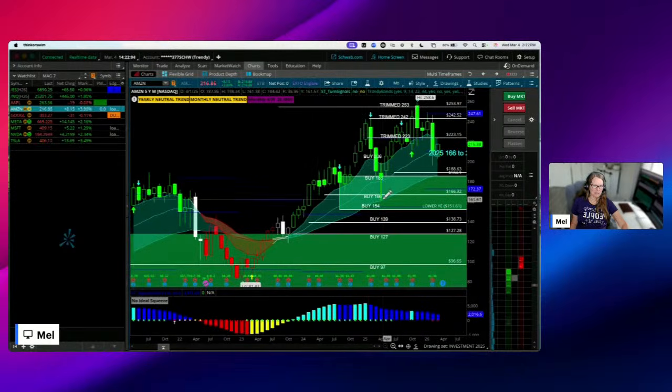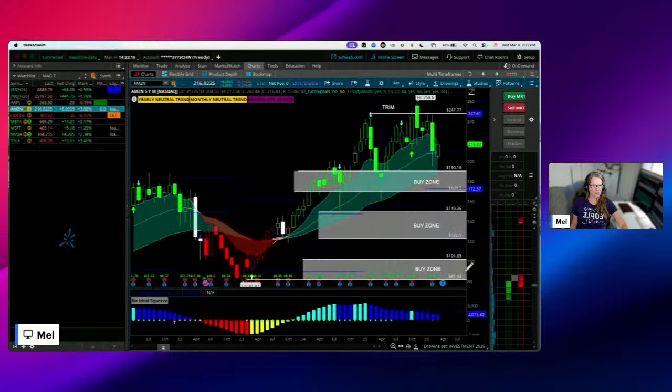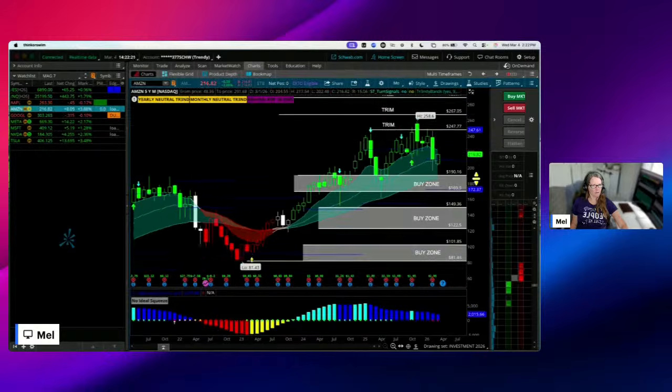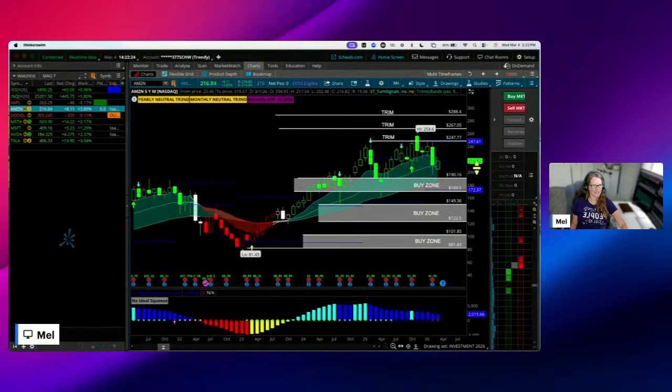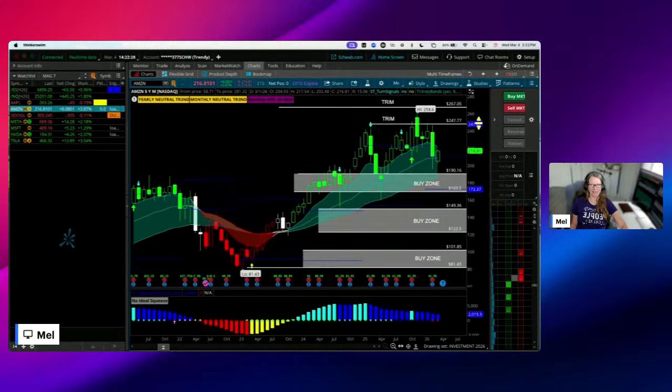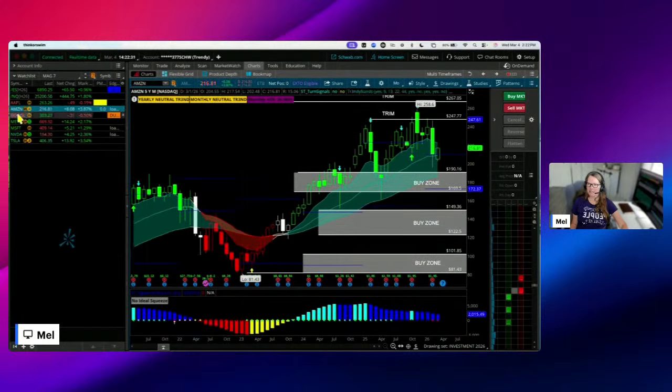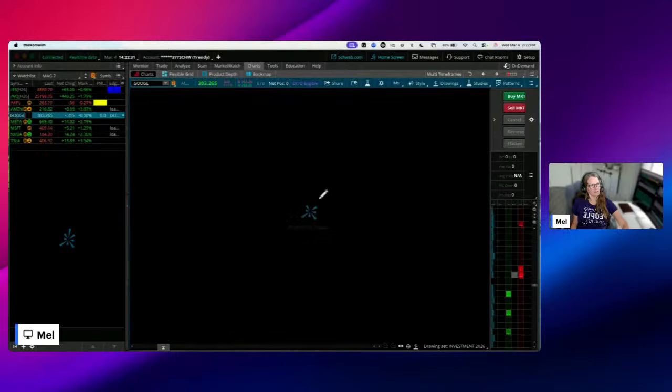And look, I was buying the dip at 166 on Amazon, and my last trim last year was at 253. So it does happen, but the important thing is you know the levels that you want to be buying these dips at. As far as trims for Amazon, 247, 267, and 288.